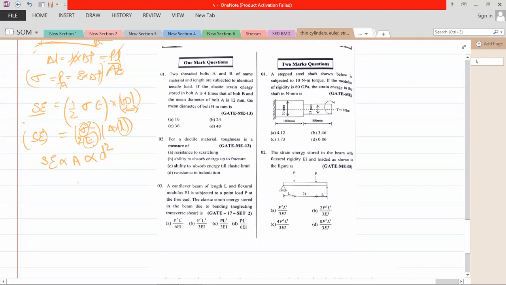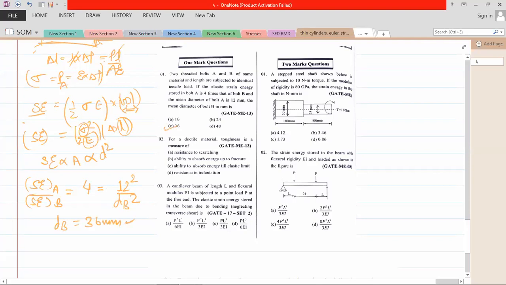Now strain energy in A: SE in A by SE in B is given as four times, and that is equal to 12 square upon dB square, since the mean diameter of bolt A is 12. So you can get dB value as 36.7, I think.